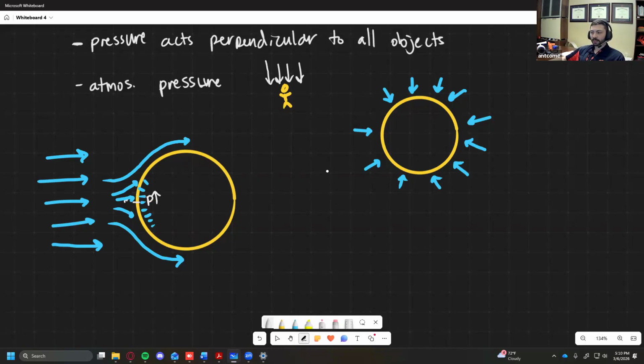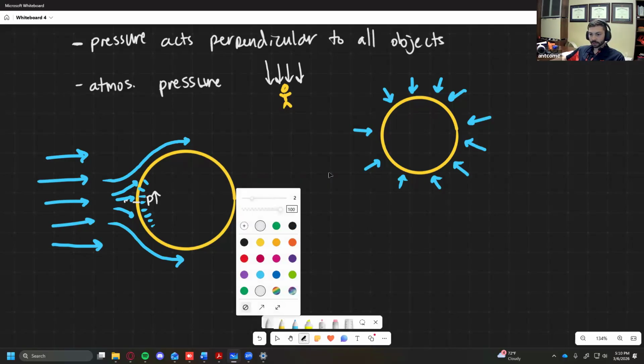Because this object is forcing the air to change direction, Newton's laws are going to kick in. The object is going to exert a force on the air, forcing it to redirect, and the air is going to exert an equal and opposite force on this object. The object's pushing air out of the way, so the air is going to go, well, I'll push you back. So this is going to produce a rearward force.